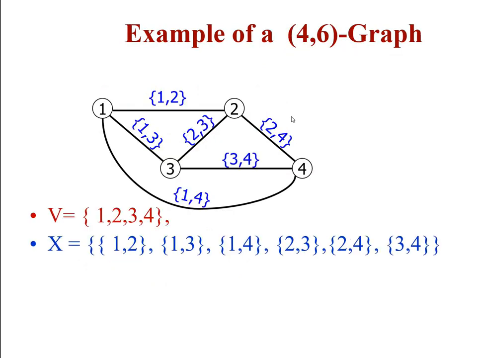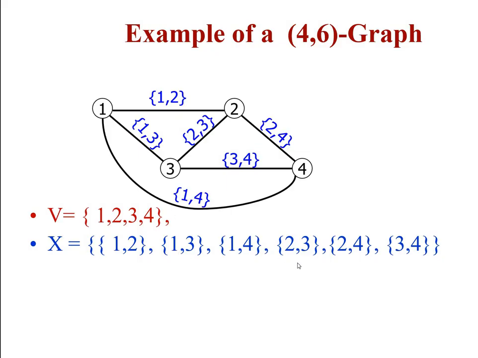In the same way we have a 4-6 graph. We have 4 vertices, namely 1, 2, 3, 4, and we have the edges 1 to 2, 1 to 3, 1 to 4, 2 to 3, 2 to 4, and 3 to 4.